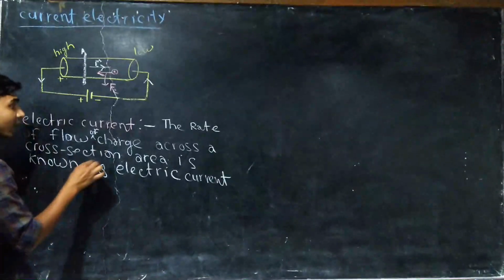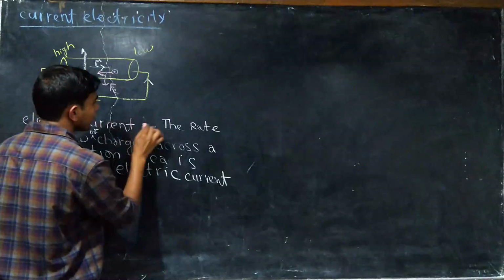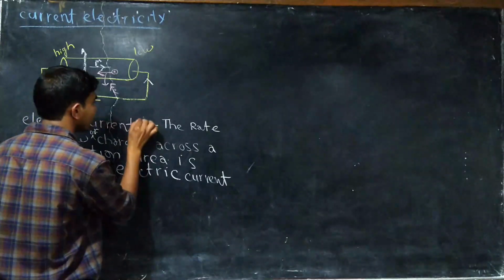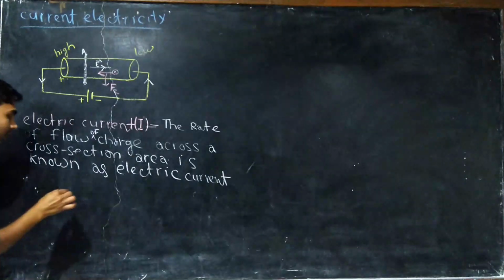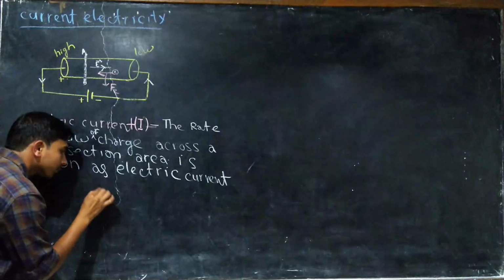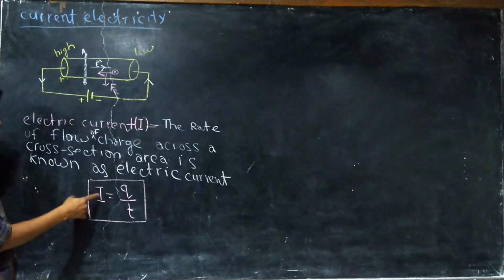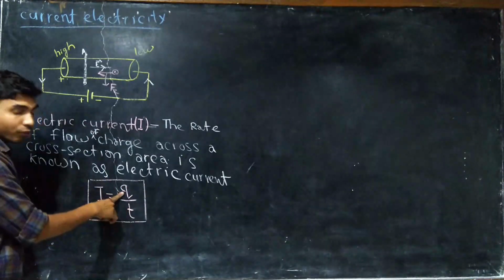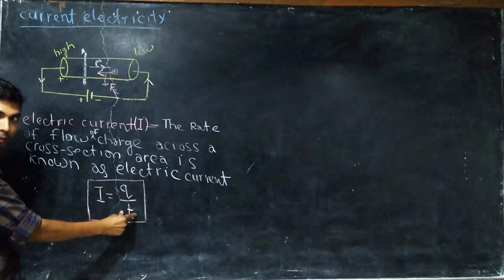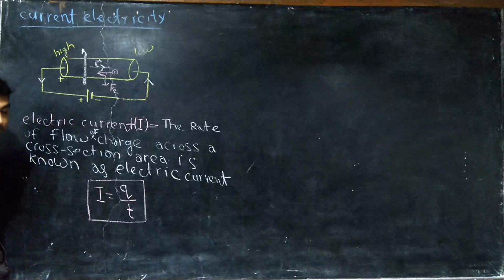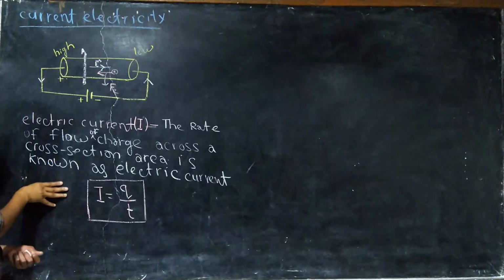Electric current is represented by I. From this definition we can write I is equal to Q by T, where Q is the charge crossing through this area in time interval T. This way we are able to define current.